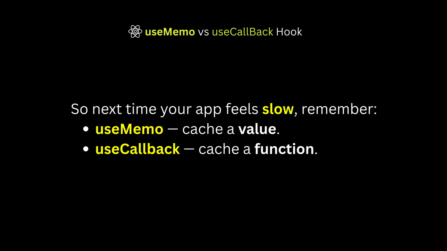So, next time you feel your app is slow, remember to use the useMemo hook when you want to memoize the result of your function where the function is expensive in calculation, and use the useCallback hook when you want to memoize a function so it will not be recreated again and again when re-renders happen in your application.